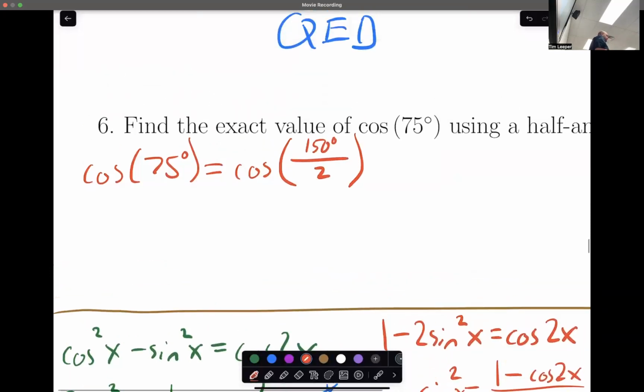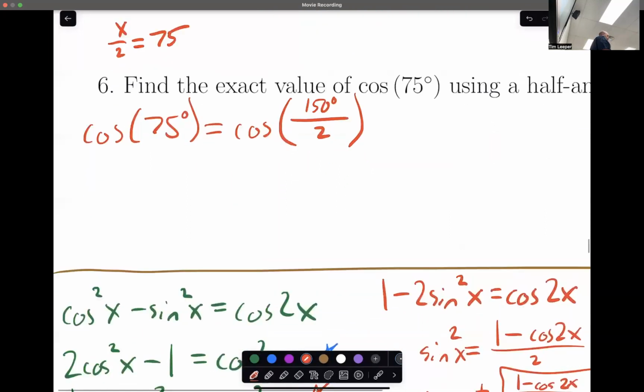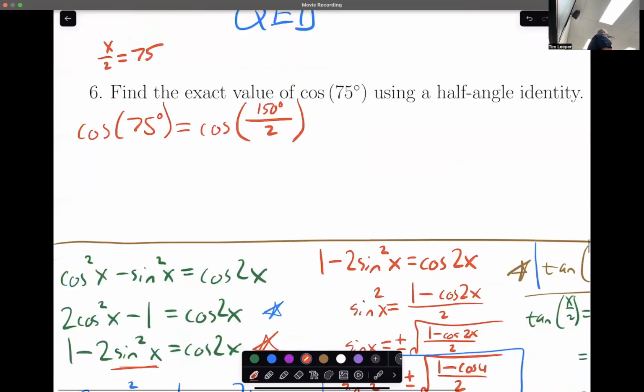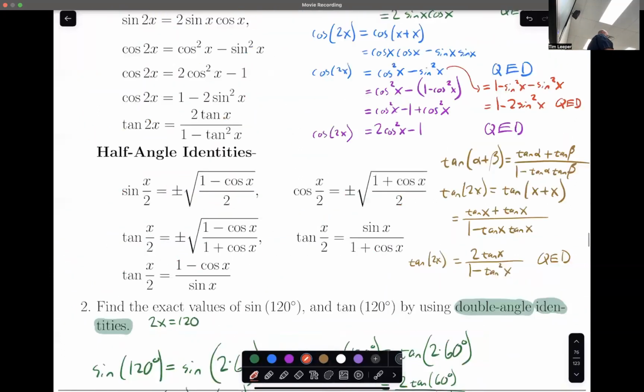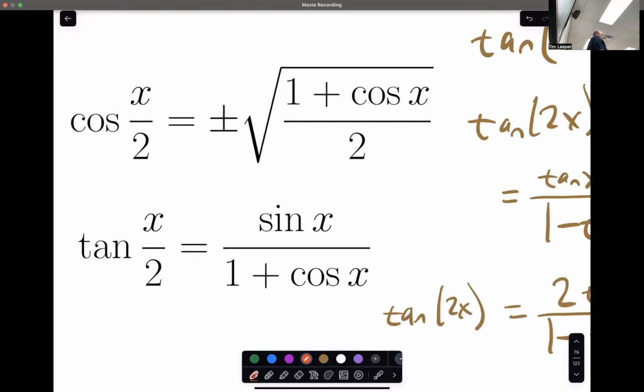Now, in your head, here's what you should be doing. X over 2 is equal to 75. Multiply by 2 on both sides, so x is equal to 150, right? So there we go. We're going to use the half angle identity for cosine when we're looking at cosine of 150 degrees over 2. Now, in this case, the u slash x, or however you want to memorize it, if we come up here, cosine of x over 2 is plus or minus the square root of 1 plus cosine of x all over 2, right?